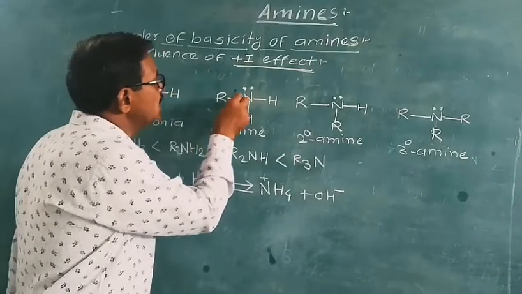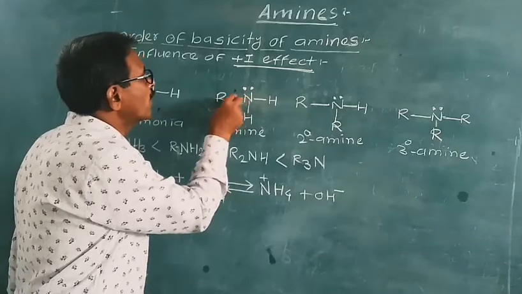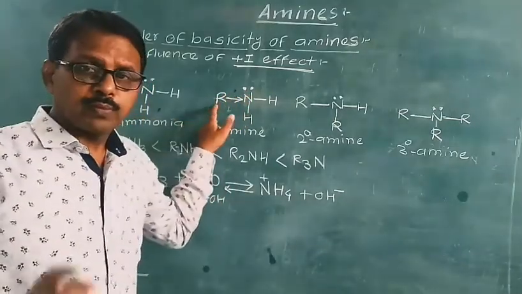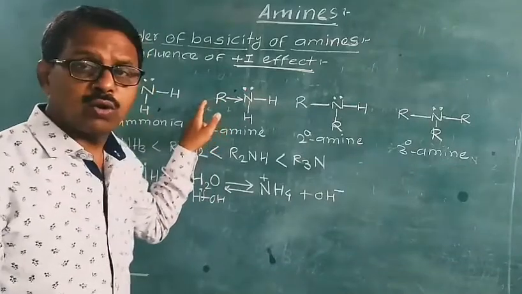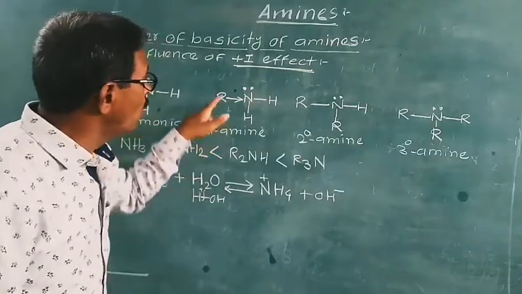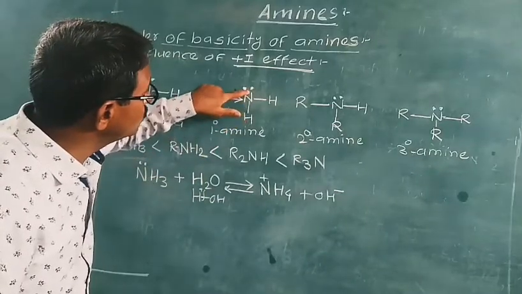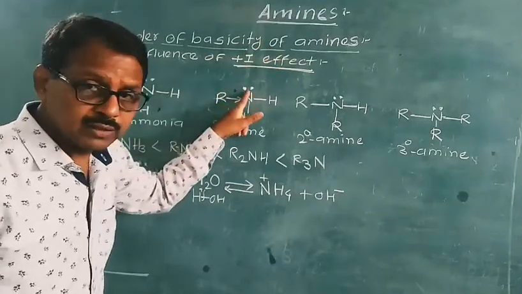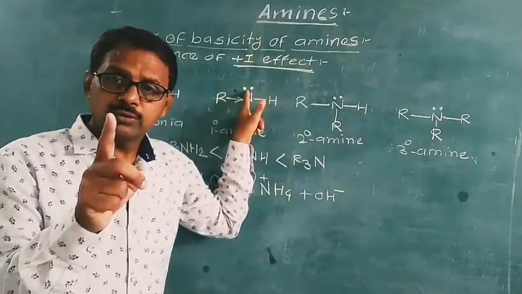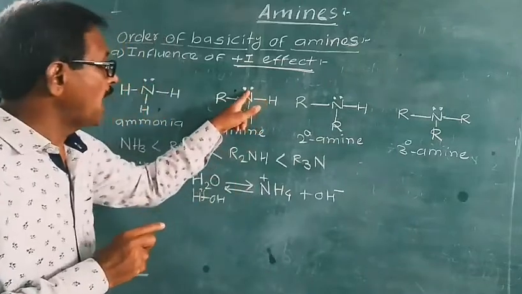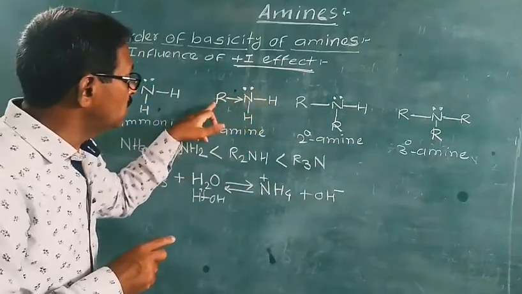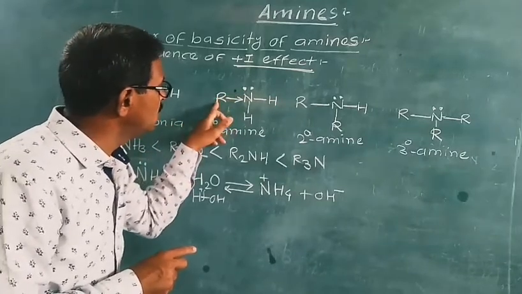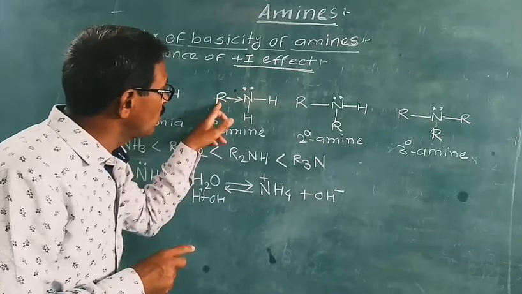Now in the structure of primary amine, there is one alkyl group R, and this alkyl group is an electron donating group. Therefore, when this nitrogen donates the pair of electrons to the proton, it carries a positive charge. Then this nitrogen becomes electron deficient, and the alkyl group donates the pair of electrons.